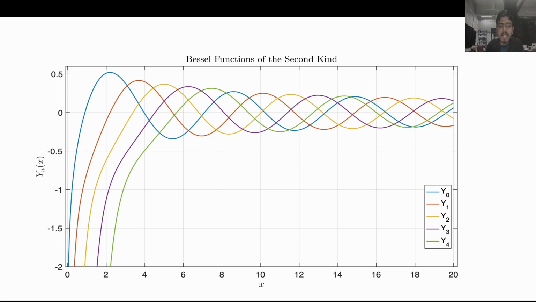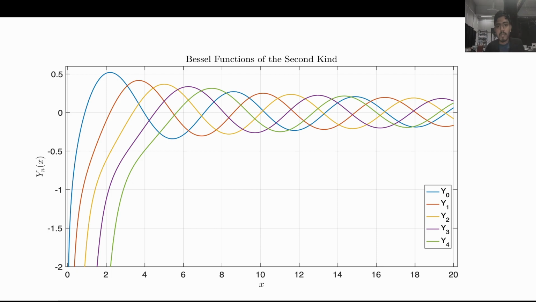It basically says that for integer values of p, Yp(x) is independent of Jp(x), because at x tending to 0, the Jp(x) are finite, as we saw in the plot. So this is how the Bessel function of second kind looks. I will not show again the zeros of the Bessel function of second kind. These are the graphs of the Bessel function of first kind and second kind.